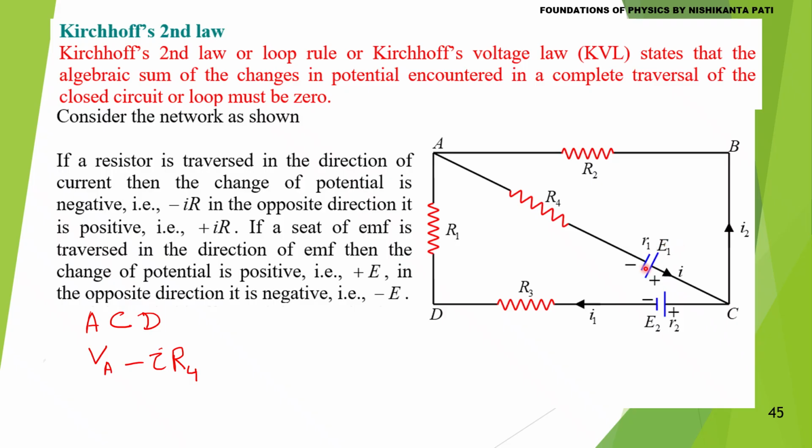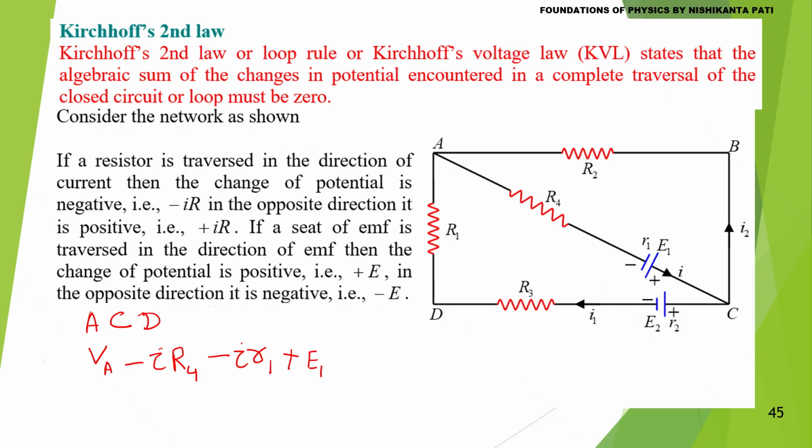Let us first think of this as the resistor. So we cross the resistor in the direction of current. So the change in potential is minus IR1. Also we cross the EMF. So the change in potential is plus EMF.